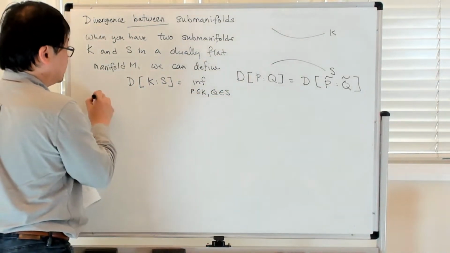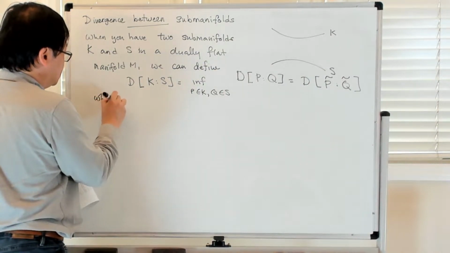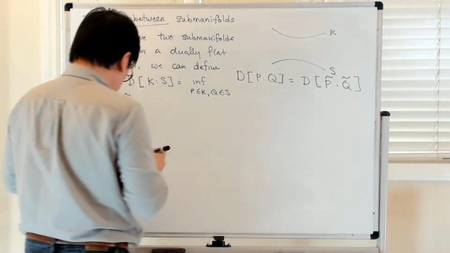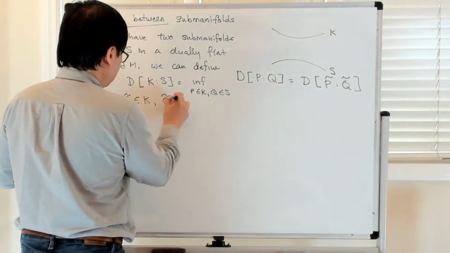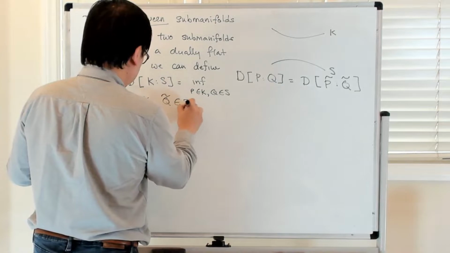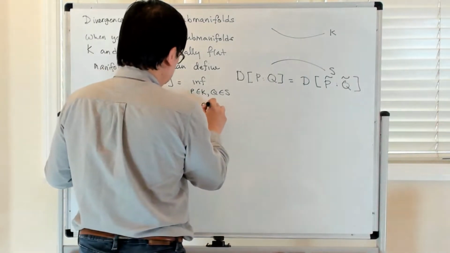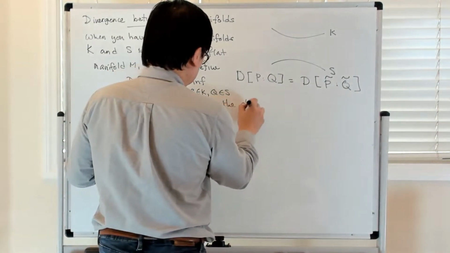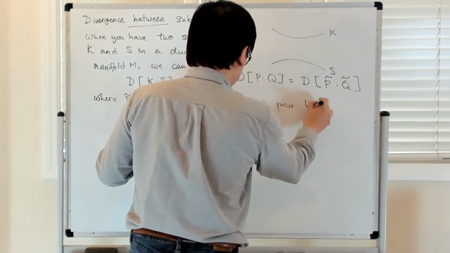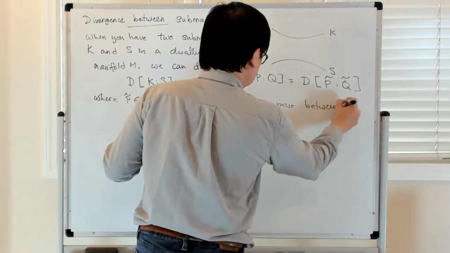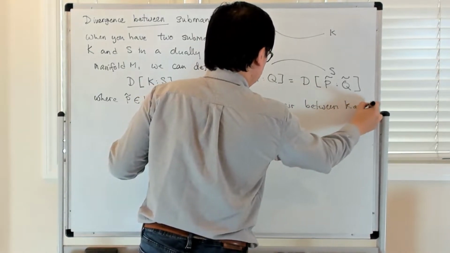So the 2 points P tilde in K and Q tilde in S are the closest pair between K and S. Okay, so that's what we mean.